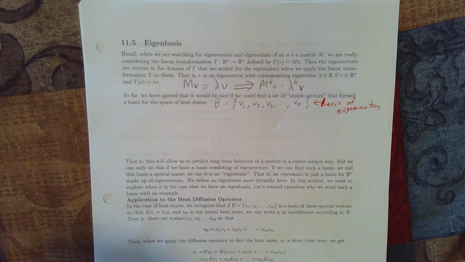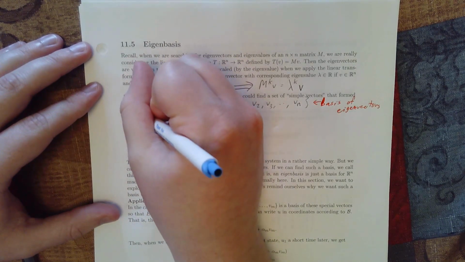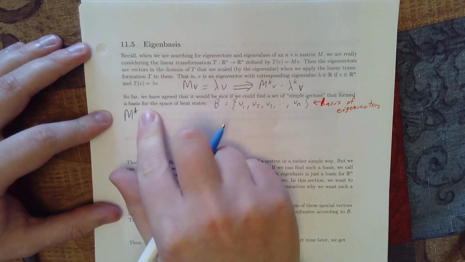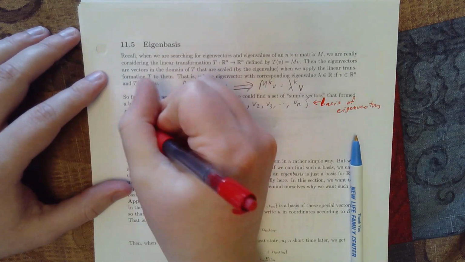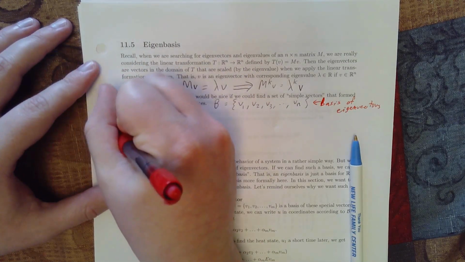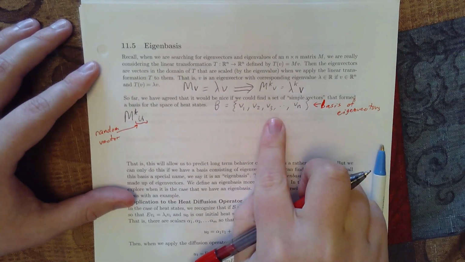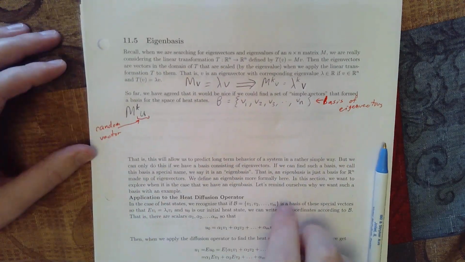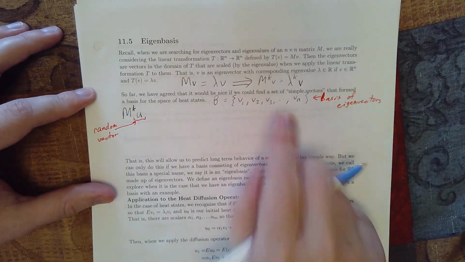then no matter what vector I have, if I take the matrix raised to some k power times some u, and u is some random vector, if this forms a basis for the space u is in, then we can rewrite u as a linear combination of these vectors.